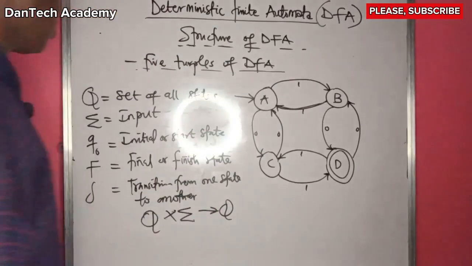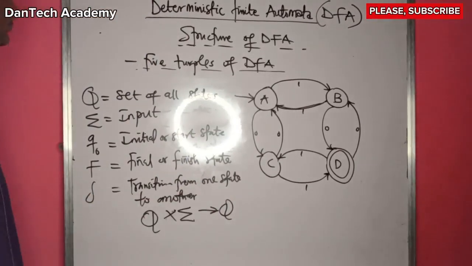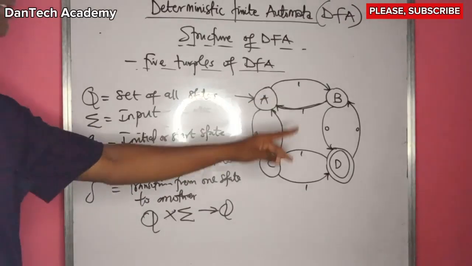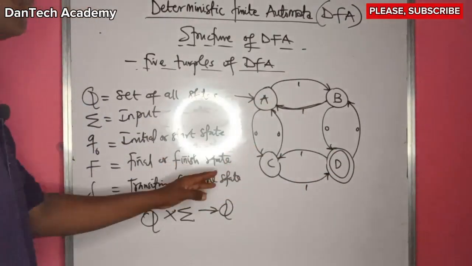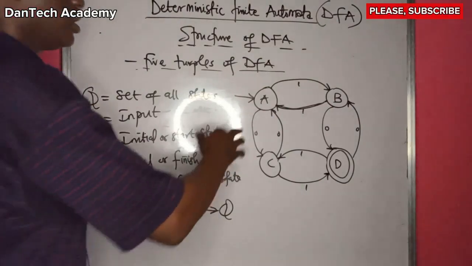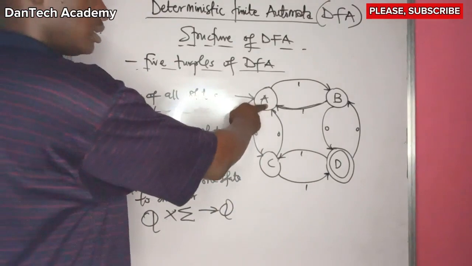Now, here I was explaining something. I said transition from one state to another. This has not properly been explained. So we need to see how these states move and interact with each other. From this place, we have the start state or the initial state.